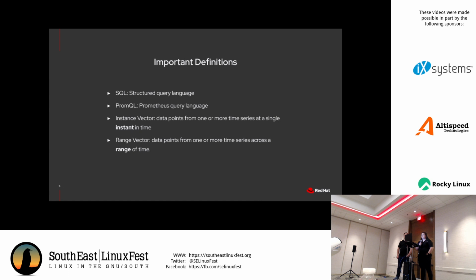The term instant vector is referring to a collection of data points from one or more time series at a specific instant in time. It allows you to analyze the state of metrics at a particular moment. And a range vector is a set of data points from one or more time series over a specific time range, and it enables analysis and calculations across the period of time, such as aggregation or rate calculations.